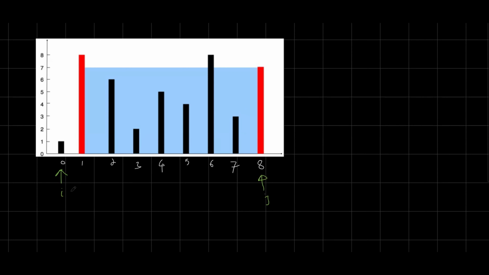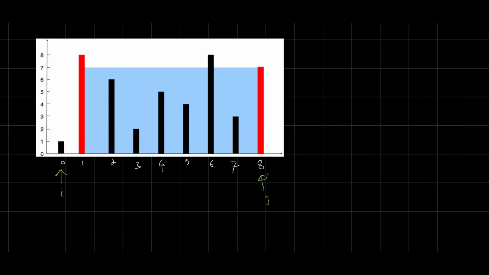In each iteration, we have to calculate the volume, where the volume will be the difference of the index numbers multiplied by the minimum of the both pillar heights. Suppose the value of I is 0 and the value of J is 8. That means I is pointing to the first element and J is pointing to the last element. So now we have to calculate the volume.